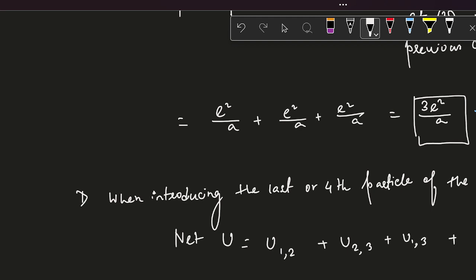These are all the old terms that were already present at the previous step, which is giving you 3 E squared by A. And there are some new terms that are introduced because of the new particle in the structure, which are U14 plus U24 plus U34. These are newly introduced due to the charge that is placed at 4.